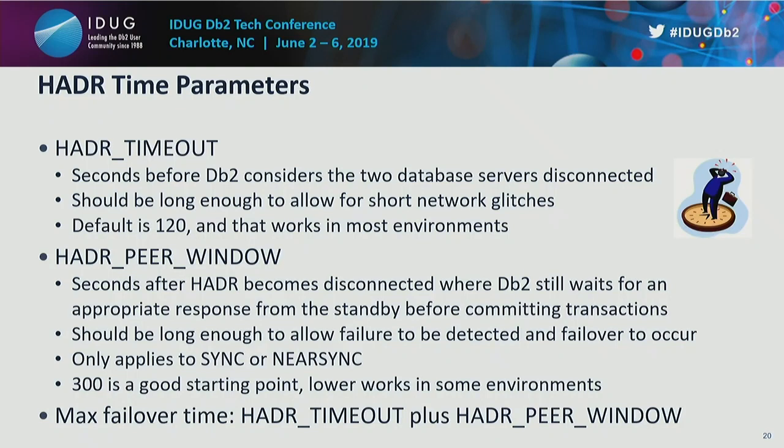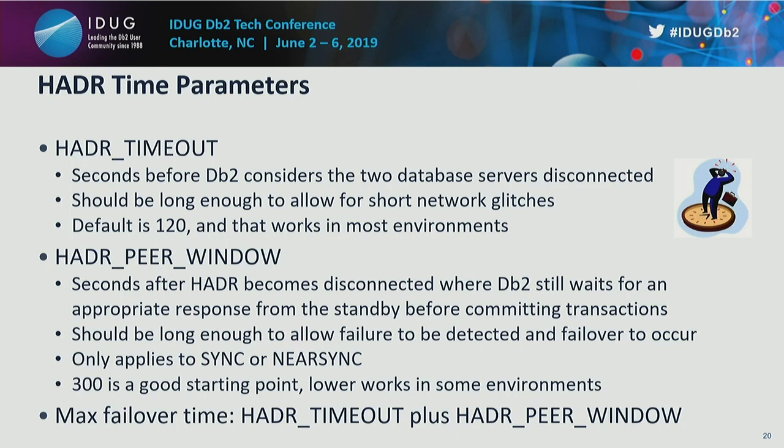Okay, the time parameters are important to be aware of what they mean. There are two to be aware of. HADR timeout is something you have to be aware of in all HADR setups. It's the number of seconds before DB2 considers the two database servers disconnected. You generally want to have it be long enough to allow for short network glitches.